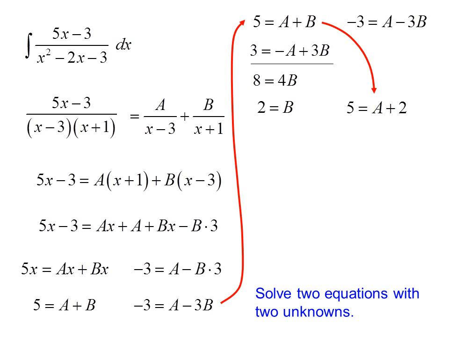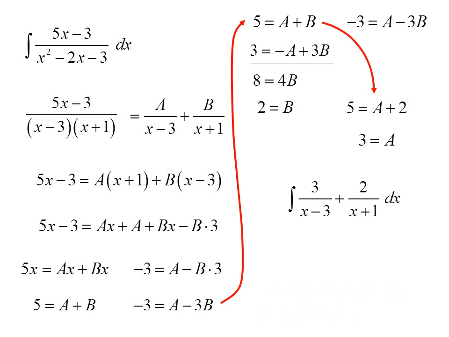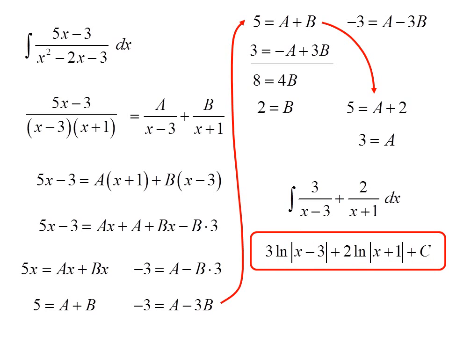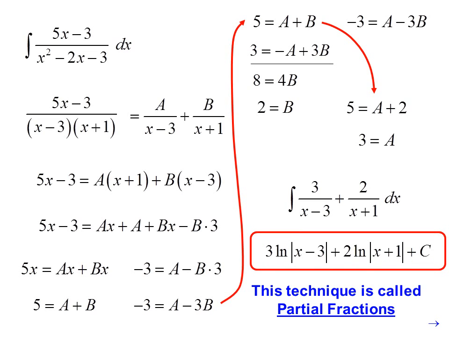Substituting that back in, we get 5 equals a plus 2, or 3 equals a. So now our integral is the integral of 3 over x minus 3 plus 2 over x plus 1 dx, which becomes 3 ln absolute value of x minus 3 plus 2 ln absolute value of x plus 1 plus c. This technique is called partial fractions.